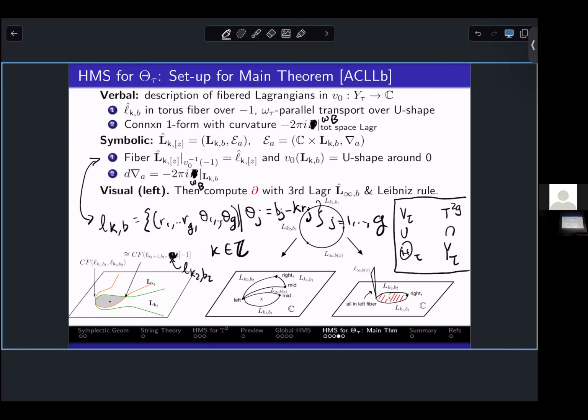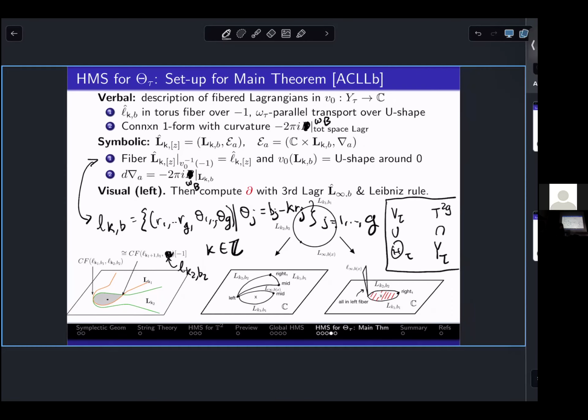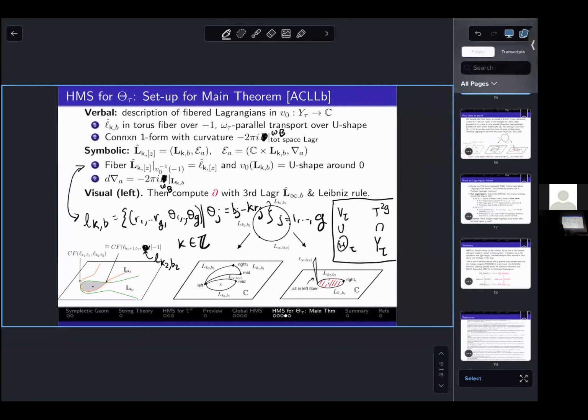The critical loci of these variables, right here. So what does it look like? I don't know if I can add a page. You showed it for a genus, that's that thing.